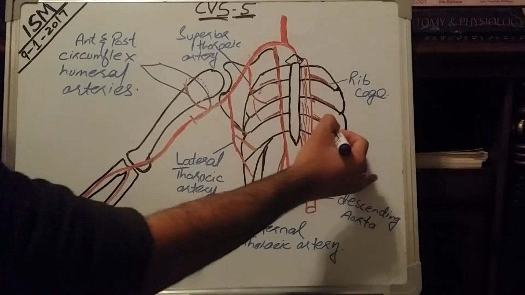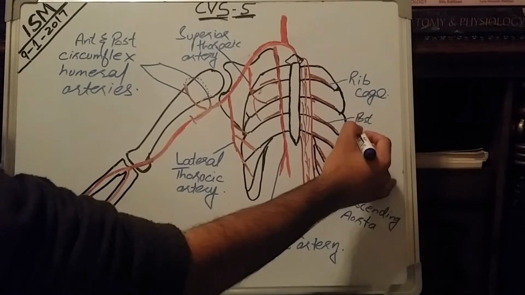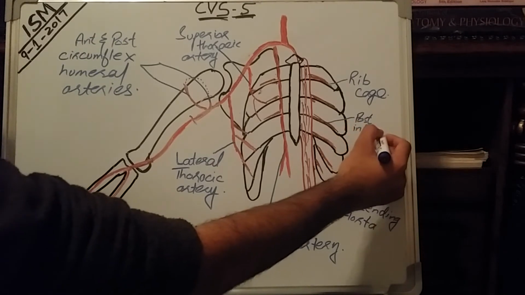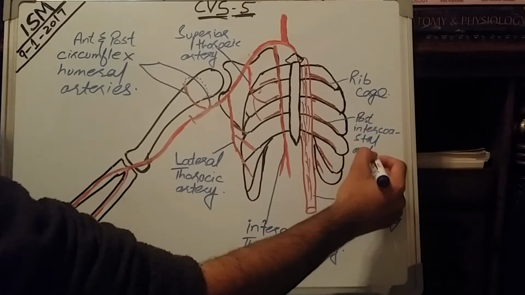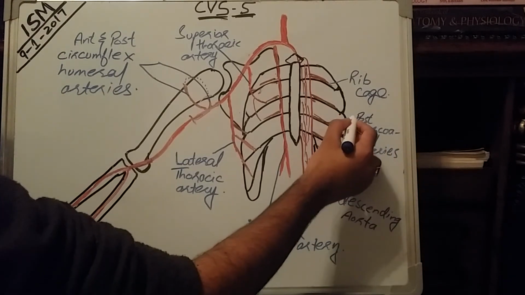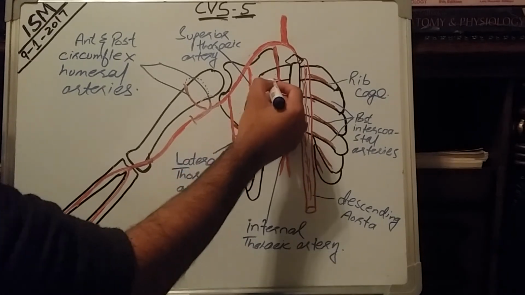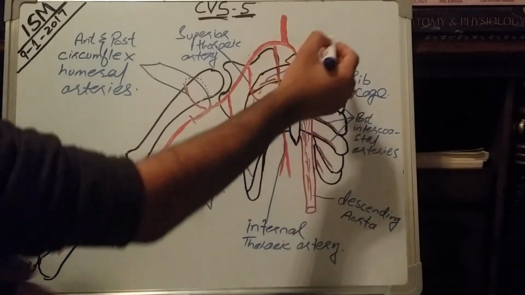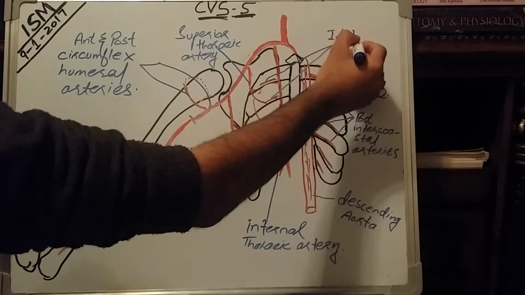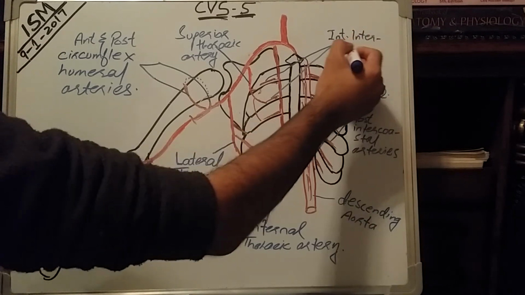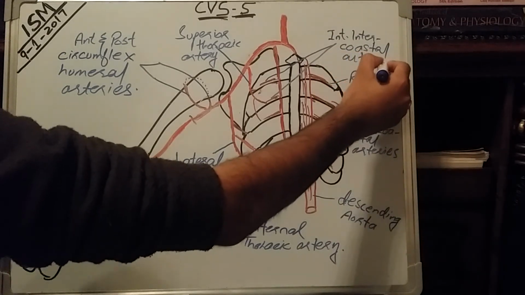These we call the posterior intercostal arteries, and these are the anterior intercostal arteries.